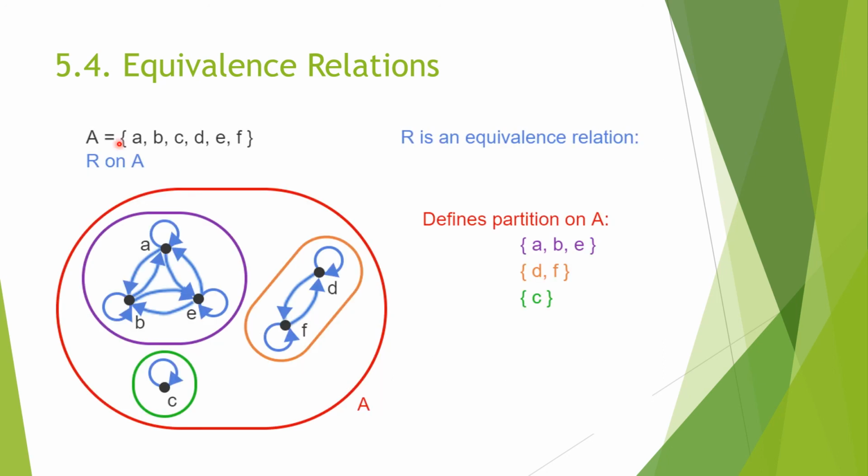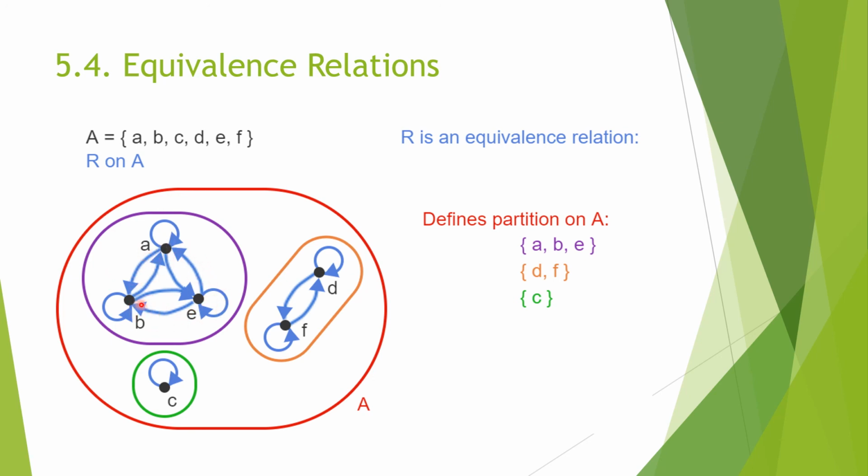So let's assume that A is equal to the set of all elements a, b, c, d, e, and f. And R is an equivalence relation defined on A that is represented by this digraph. We have seen this digraph before in the previous slides. So what does it mean when we say an equivalence relation defines a partition on set A? It means that these three elements a, b, and e are fully connected to each other.